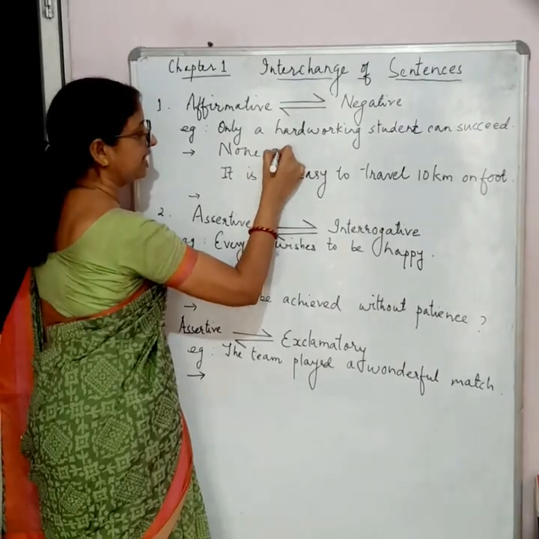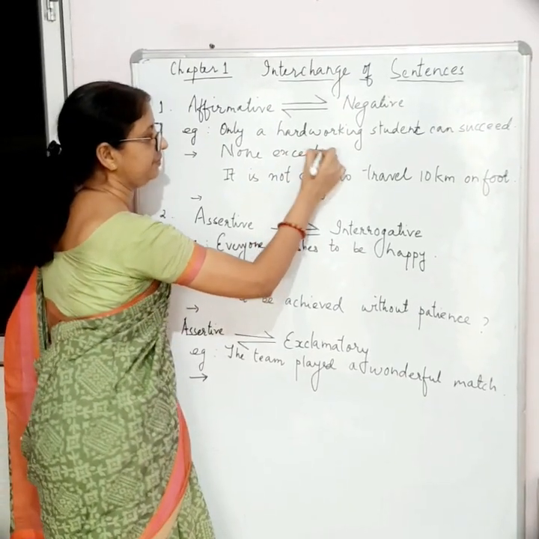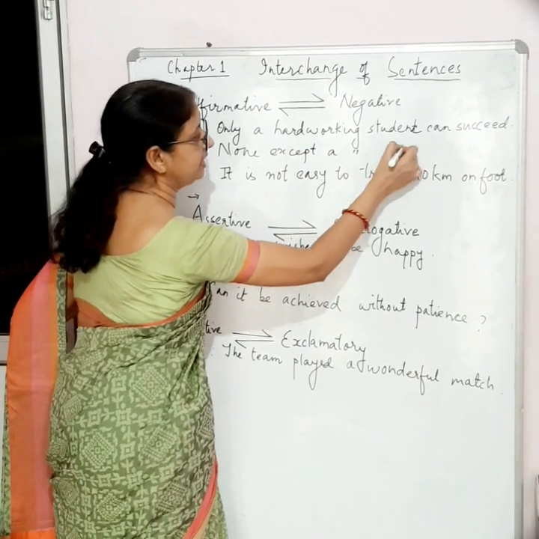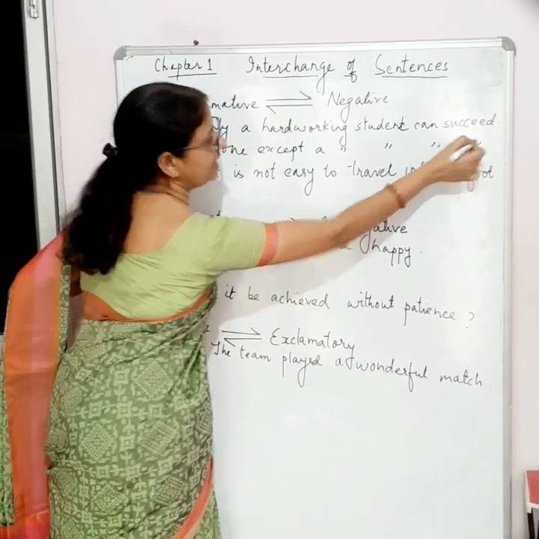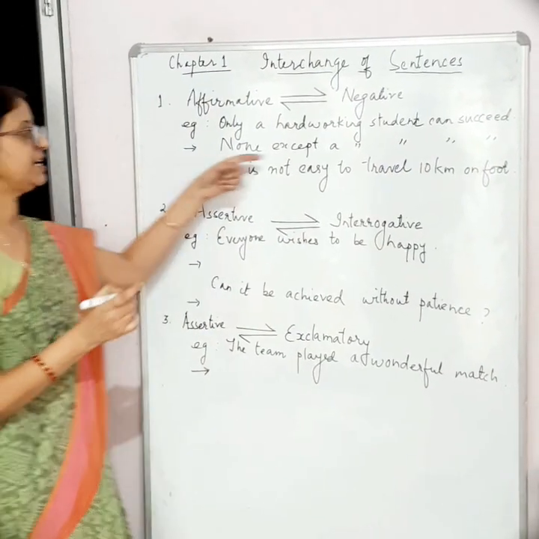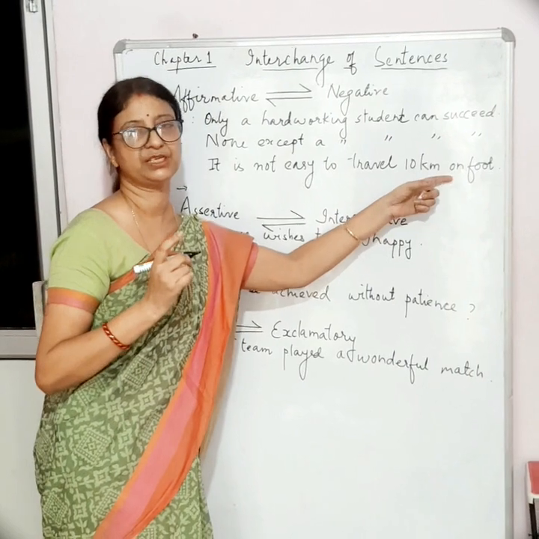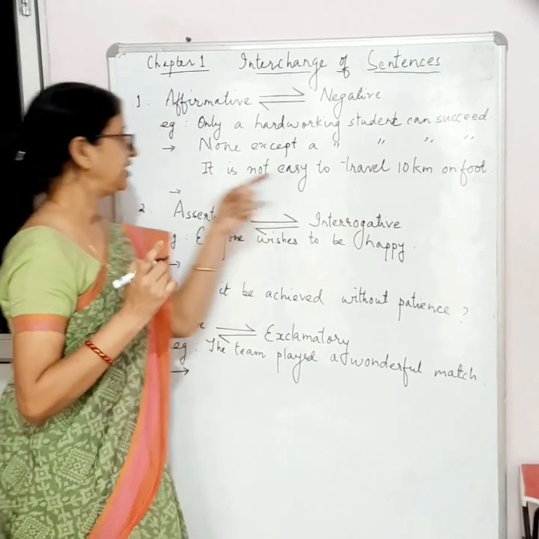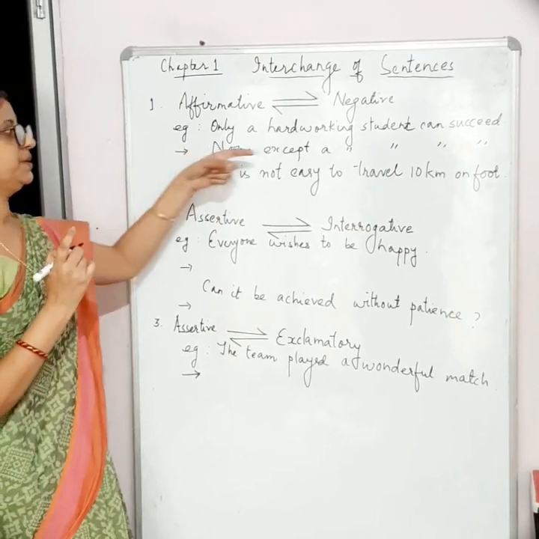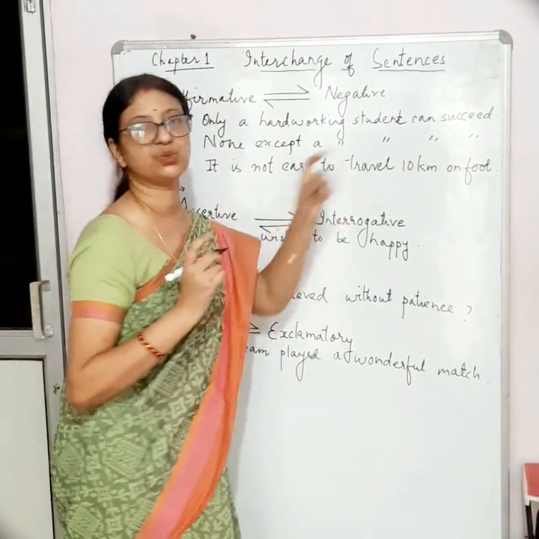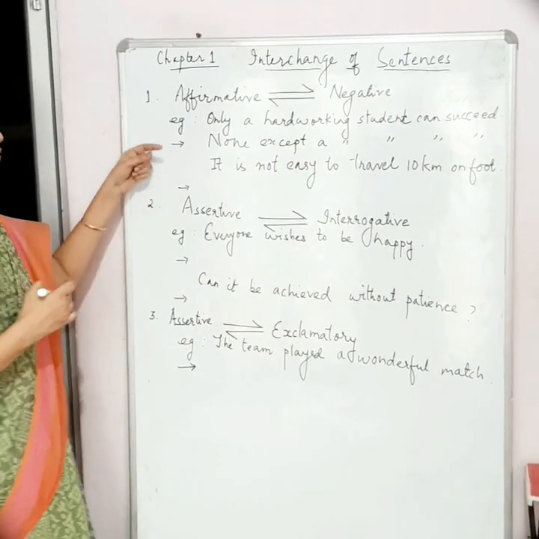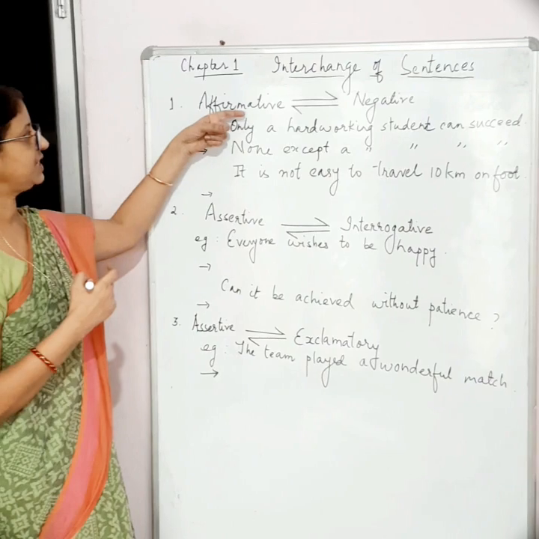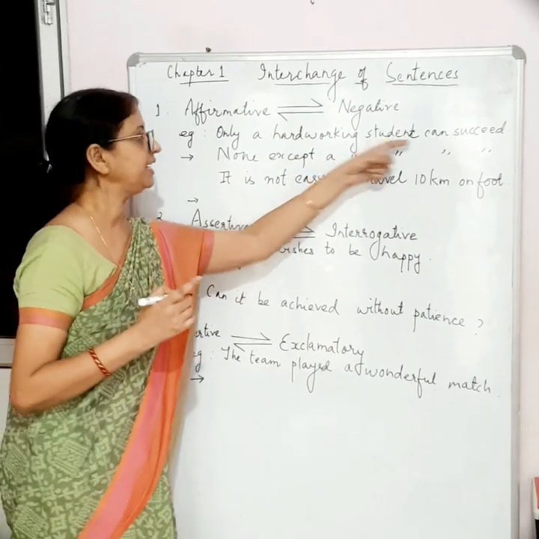None except a hard-working student can succeed. You may also write none but a hard-working student can succeed. So both ways we have changed affirmative to negative.